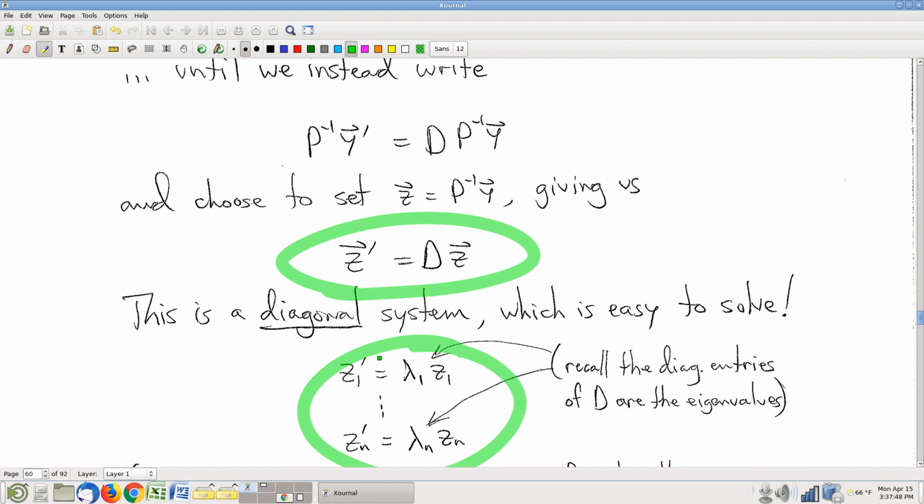And then I'm going to have 0 Z2, 0 Z3, 0 Z4, et cetera, all zeros. Likewise, in the second equation, Z2 prime is going to have just lambda 2 Z2, et cetera.